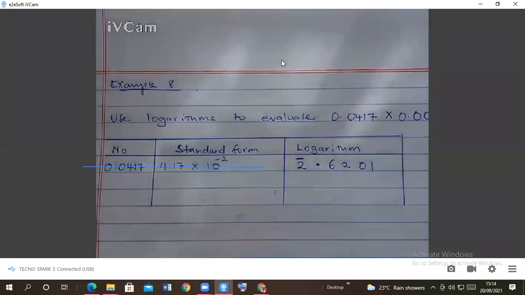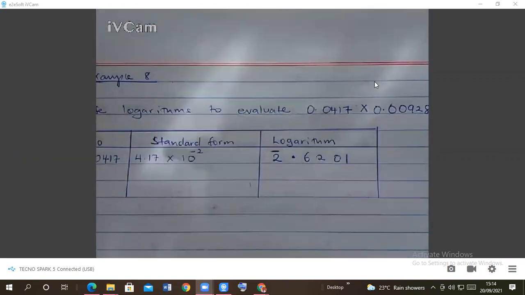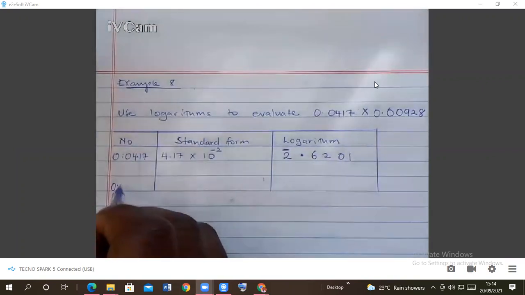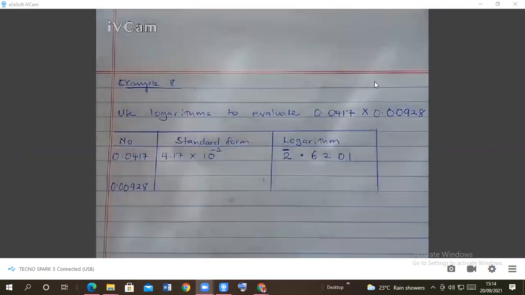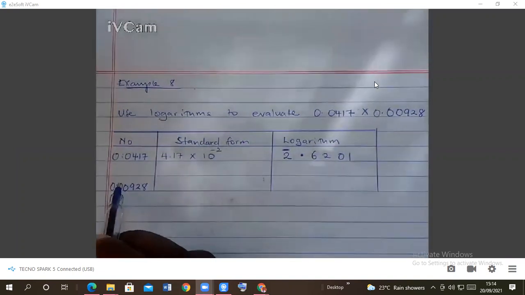So we go to the next part. We have to first write the number. And the number that we have there is 0.00928. So we are going to standardize this.